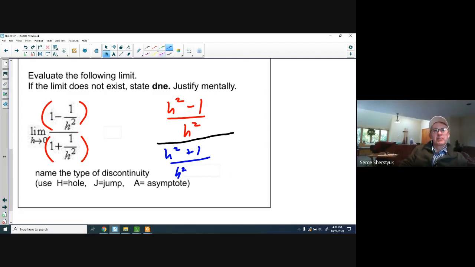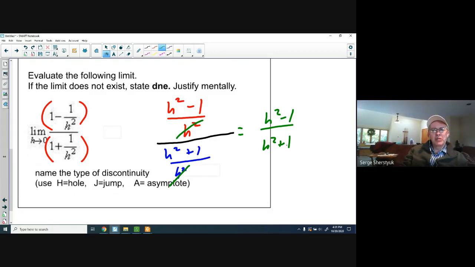So what happens here? Well, this is a complex fraction. Let me use green. Hopefully you have the skills to just look at it and say these will automatically cancel. So the answer becomes h squared minus 1 over h squared plus 1. Let's see as h goes to 0.